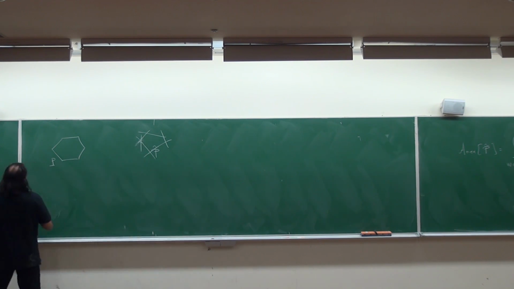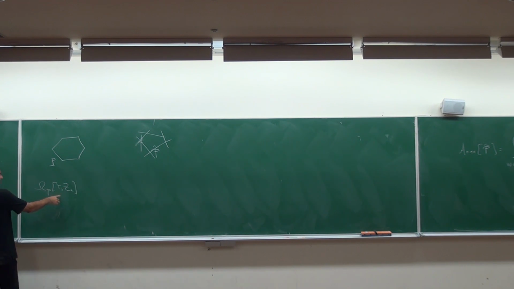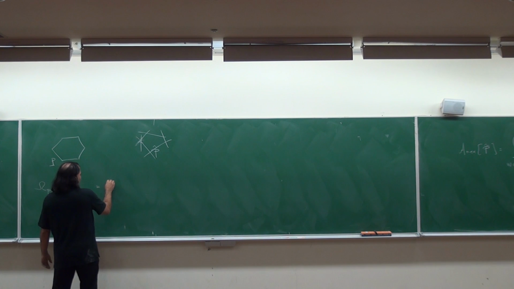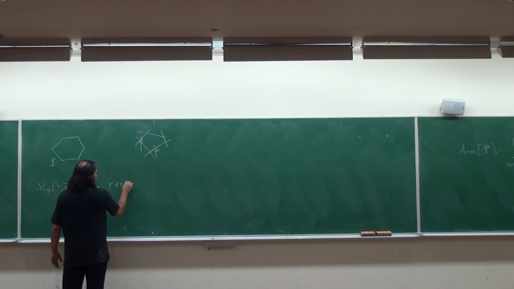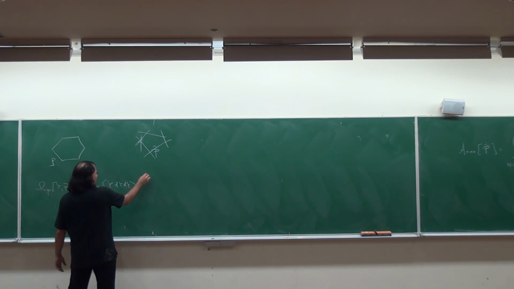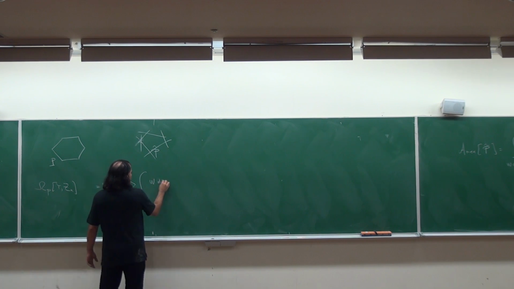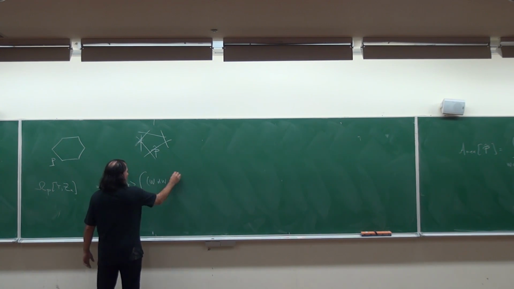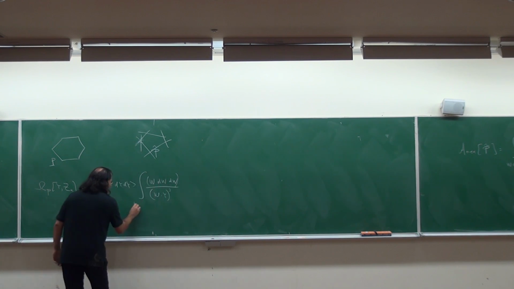Okay. And then omega P of y and z, the form of logarithmic singularities, is in fact, just to be very specific, y dy dy factored out the triangle, an integral w dw dw over w dot y cubed, w on the inside of the dual.